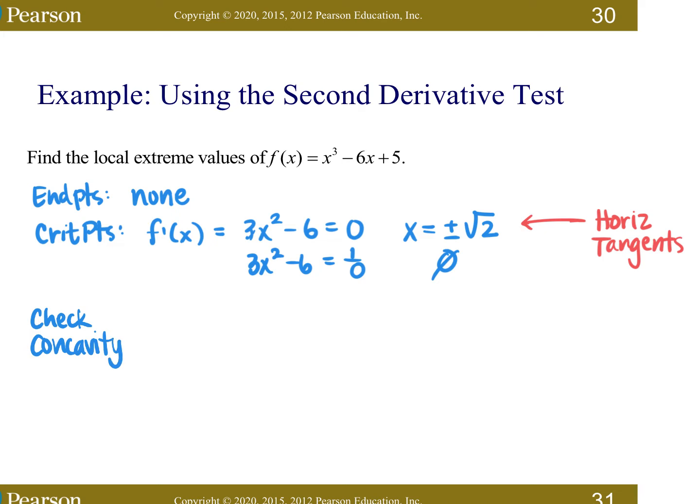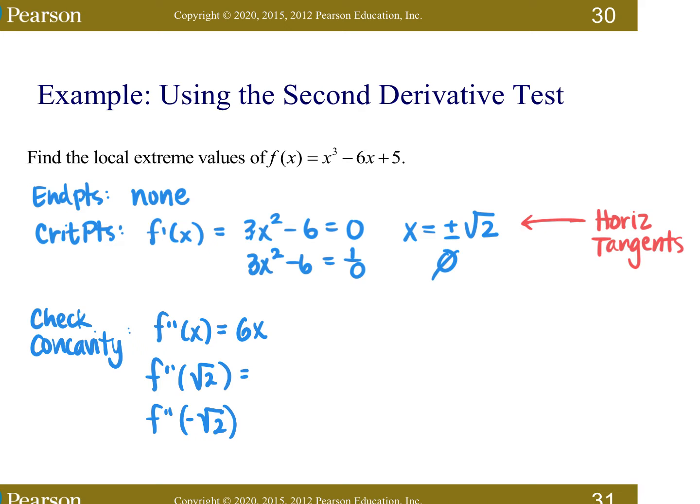So if I'm going to check the concavity, I would need f double prime. F double prime of this is going to be 6x. And then I just check both square root 2 and negative square root 2.